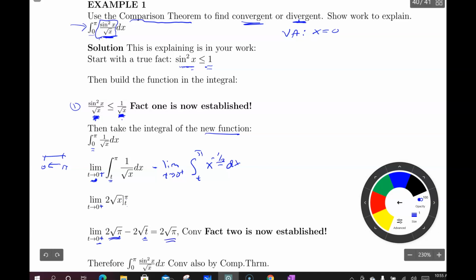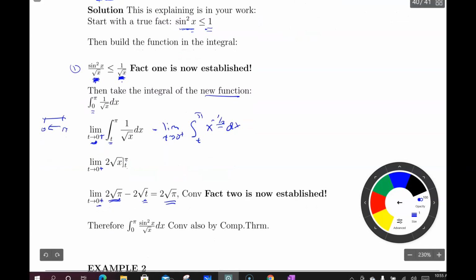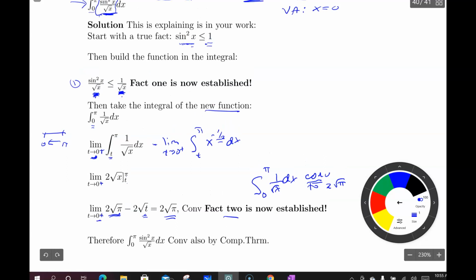So what do I have? I have that the integral from 0 to pi of 1 over root x dx converges to 2 root pi. So that means this converges. I have two facts, these two compared. I have that the larger one converges.